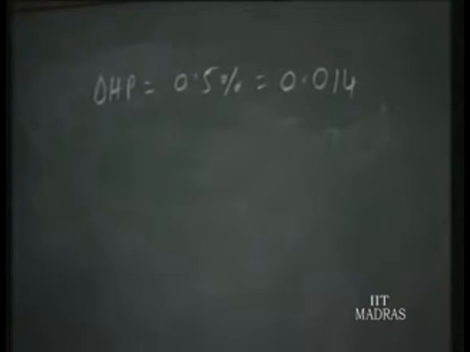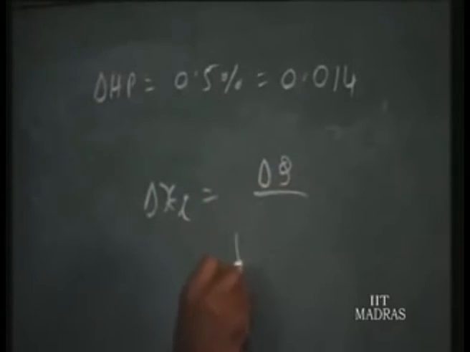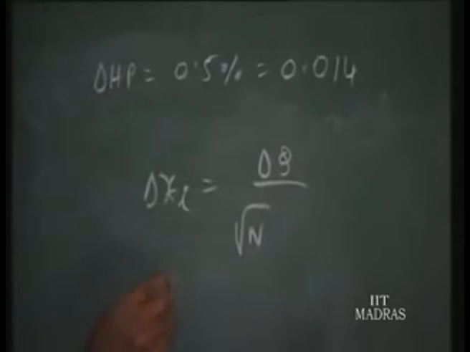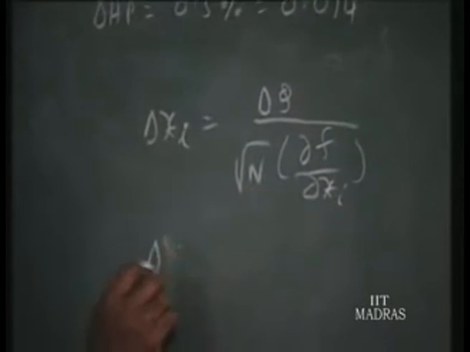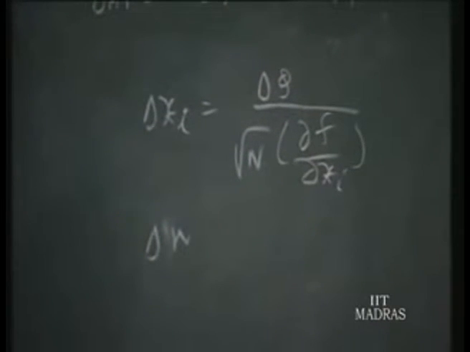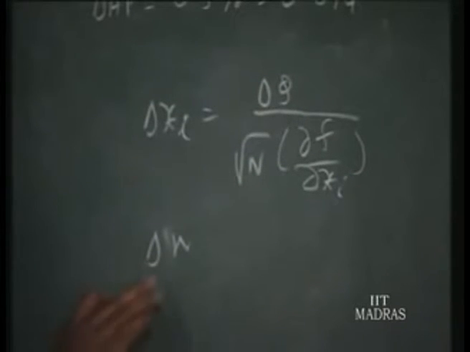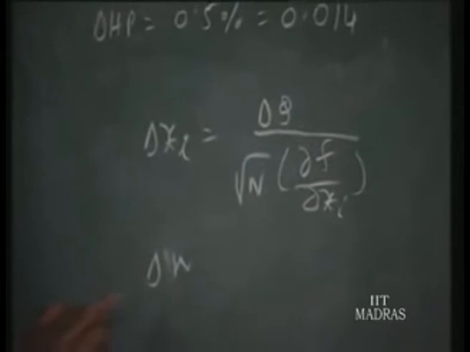So, we know the equation, that is delta xi, i being 1 to n number of instruments, is equal to delta q over root n into dou f by dou xi. This is what you derived earlier. Now, for the parameter n, the RPM rotation measurement, delta n is the error in the instrument measuring the rotations.